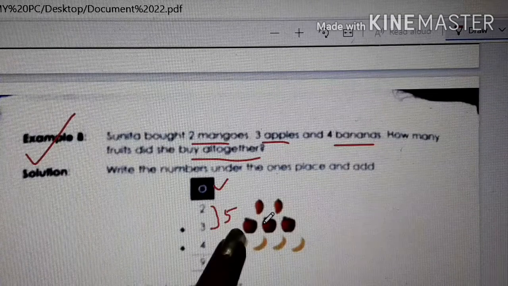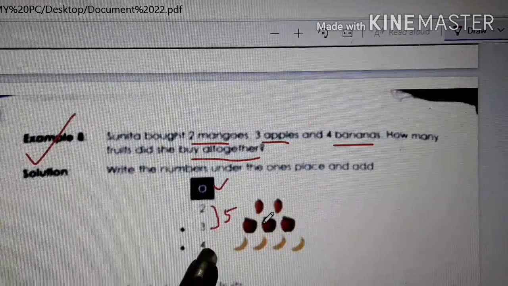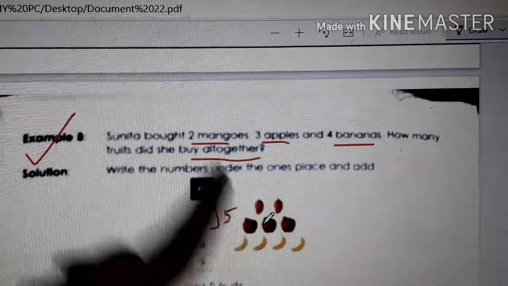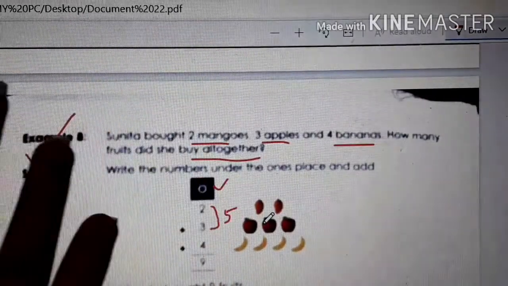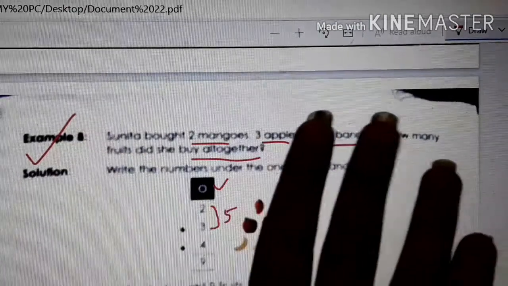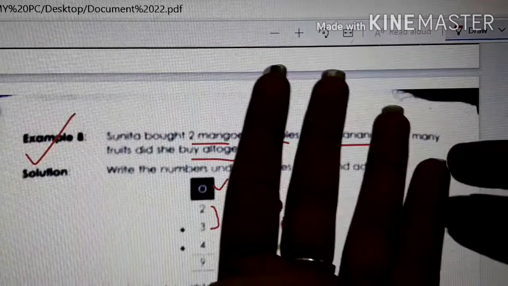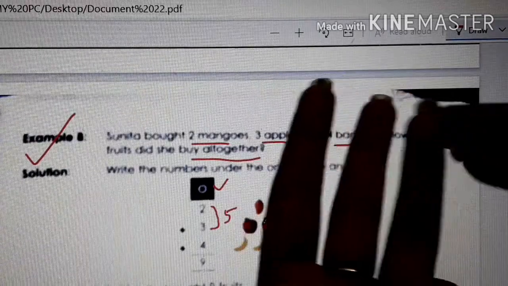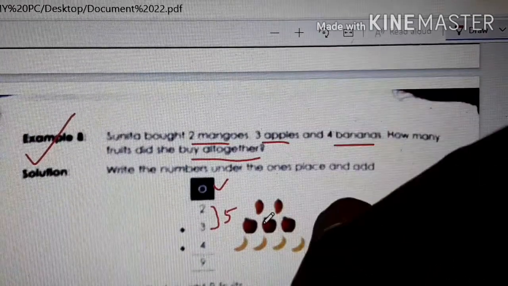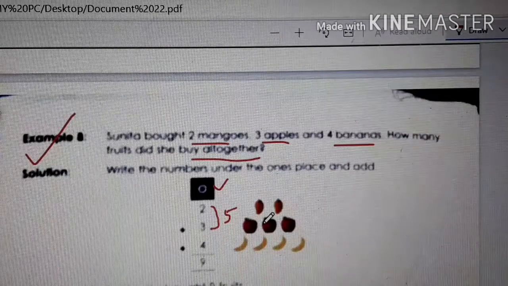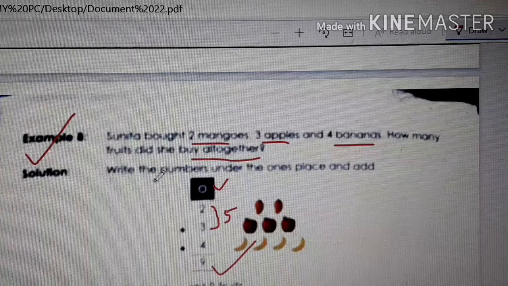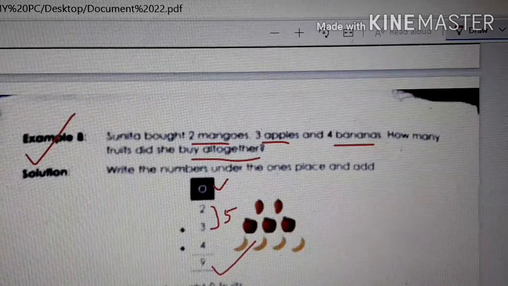Now we are going to add 5 plus 4. Keep this 5 in your mind and open 4 fingers. Now let's start counting after 5: 6, 7, 8, 9. So children, total how many fruits are there? 9 fruits. Sunita bought 9 fruits.